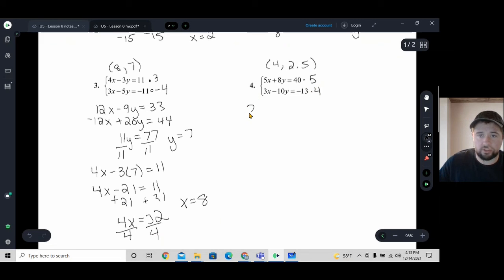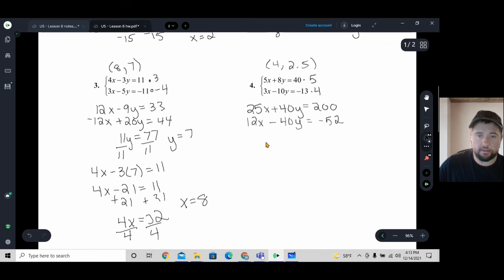So I'm going to end up with 25x plus 40y equals 200. And I'm going to end up with 12x minus 40y equals -52. My y's will cancel.